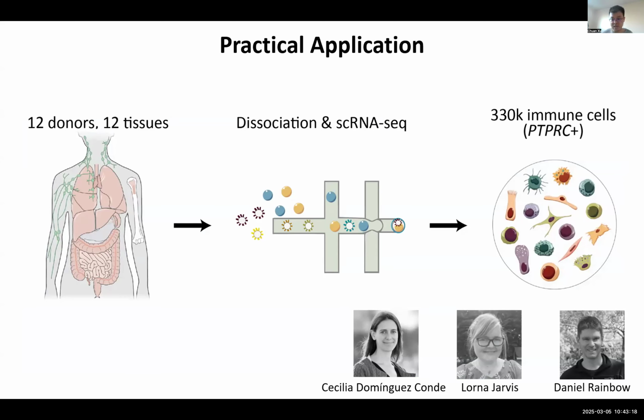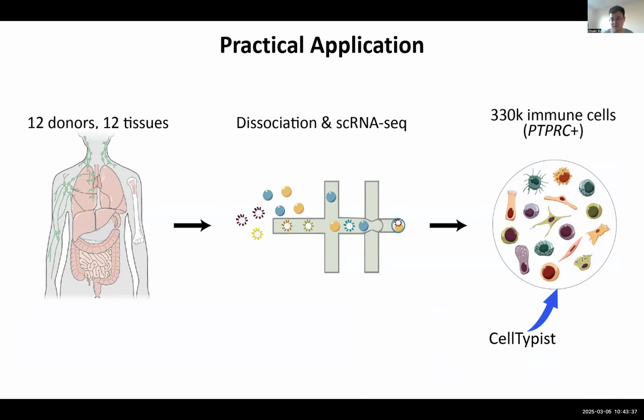This example came from our lab, where my colleague Cecilia and the collaborators Laura and Daniel extracted 330,000 immune cells from 12 tissues of 12 donors. And based on this, we asked, can CellTypist resolve this degree of heterogeneity for these immune cells?